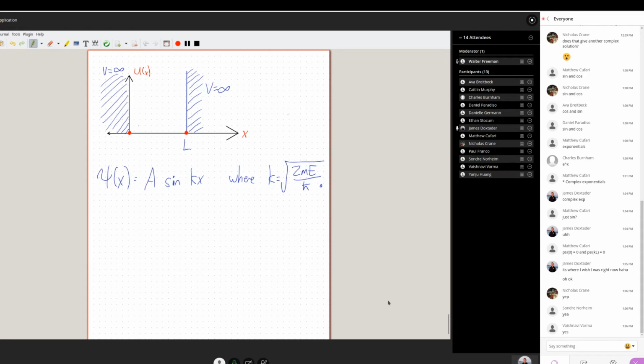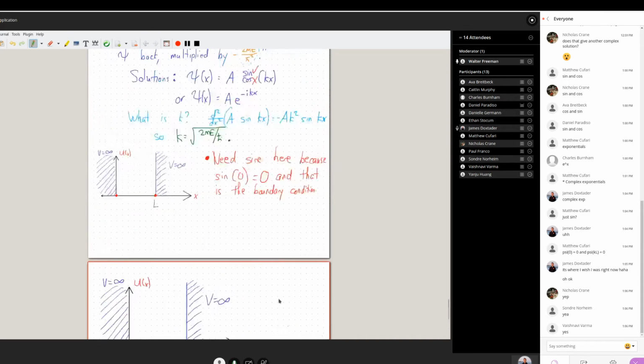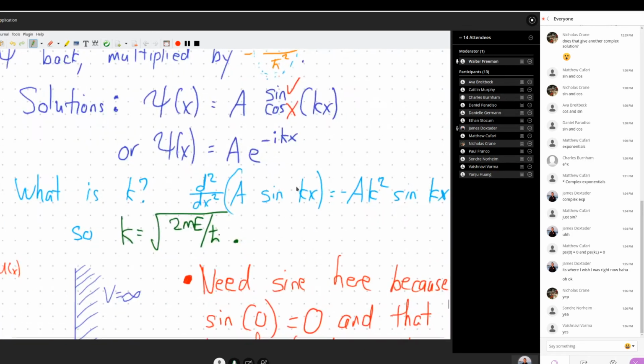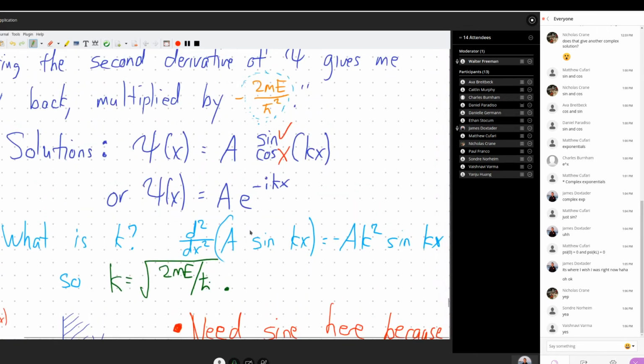So is k the wave number? Yes, k. Thank you for asking that. When I said that the solution is this times kx, this k is the wave number.